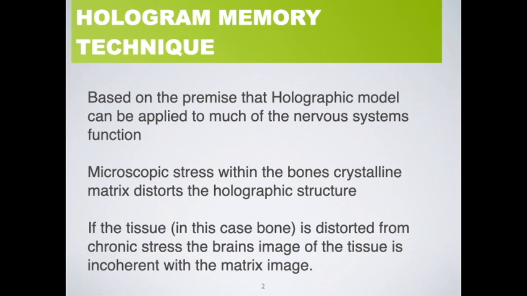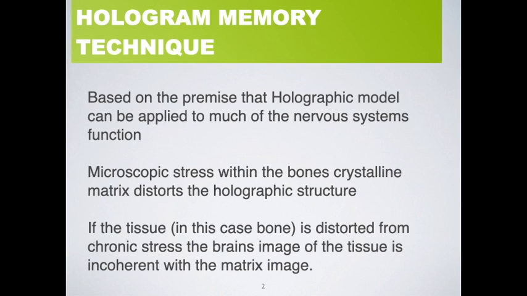And it's believed that the way we form memories and the way we process information through our memories and learning fits this, to some degree anyway, this holographic model. So when it comes to the body's matrix, the tissue matrix, it's believed that the brain has a holographic model of a given tissue, a cell, a group of cells, an organ, a bone, in this case a bone.